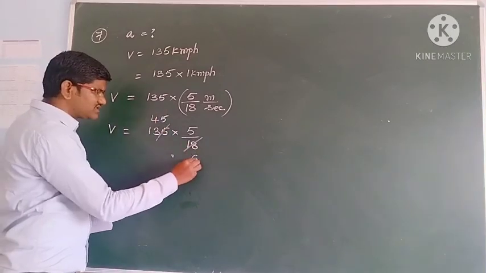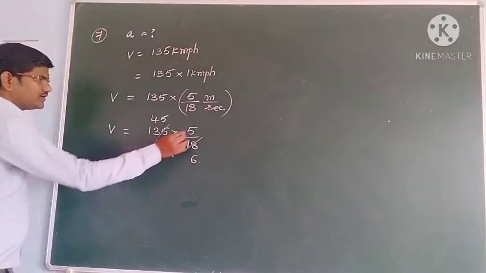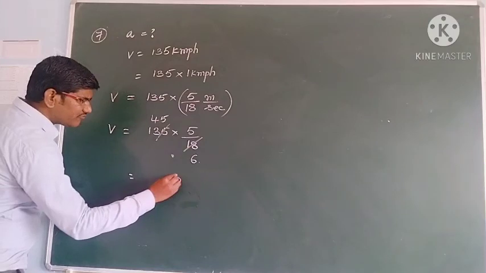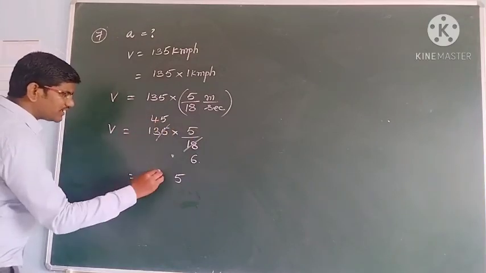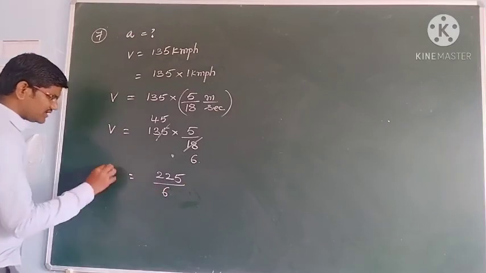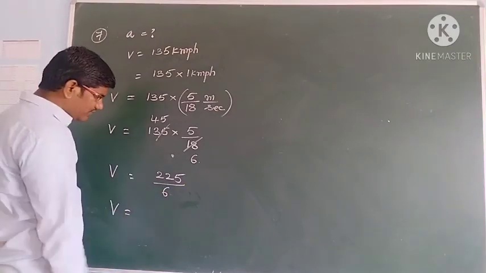And 5 into 5, 5 fives are 25. 5 into 45 is 225. So by 6. That is called v. Then this v is equal to 225 by 6.